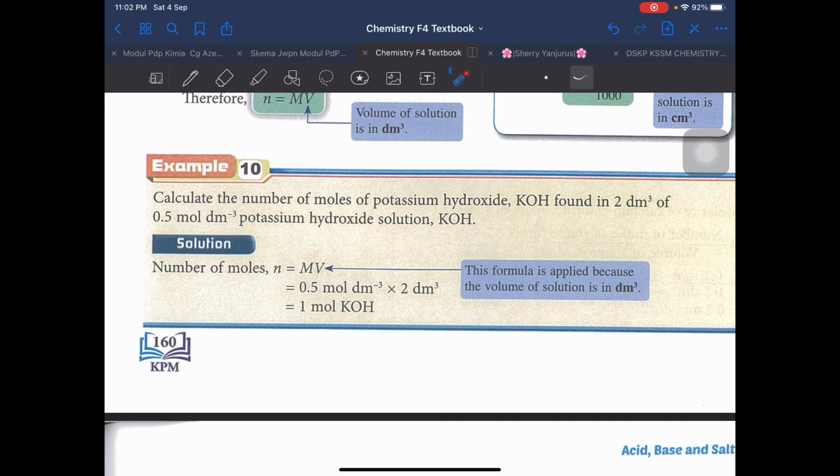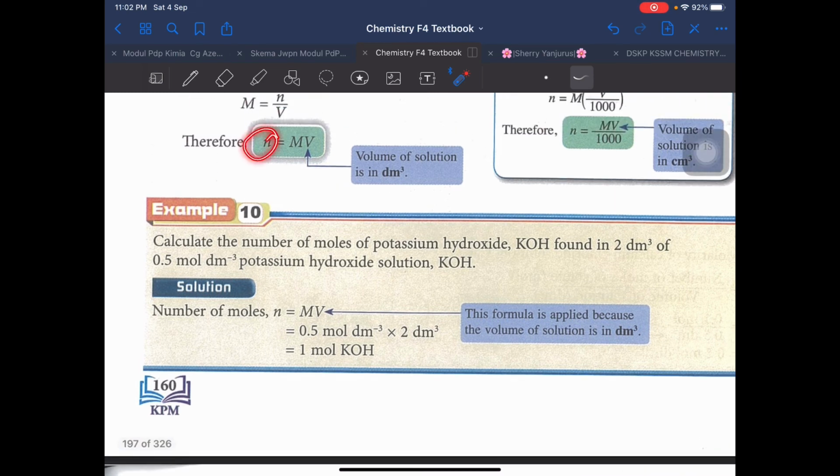And then 0.5 mole per cubic decimeter. This is M besar. This is the molarity, M. Nah, you have M, you have V. M is this one, V is this one. So you just need to darab. Then you will have the number of moles.